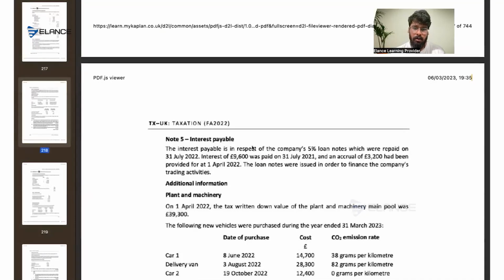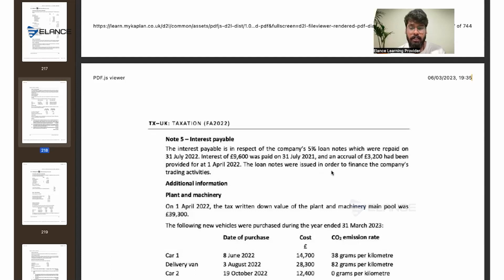And look at note number 5. In note number 5, the interest payable in respect of the company's 5% loan notes, which were repaid on 31st July 2022. Interest of 9,600 was paid on 31st July 2021, and an accrual of 3,200 had been provided for at 1st April 2022.